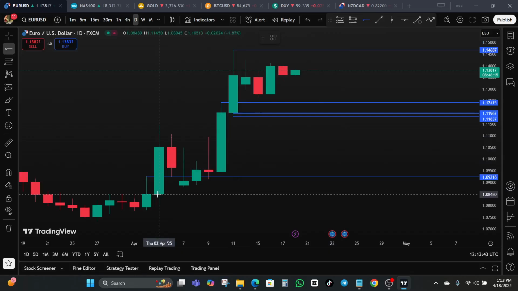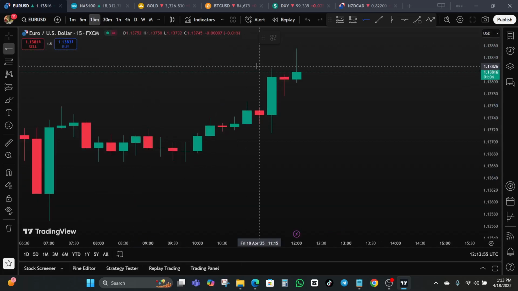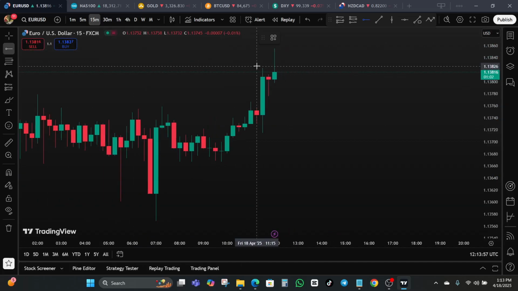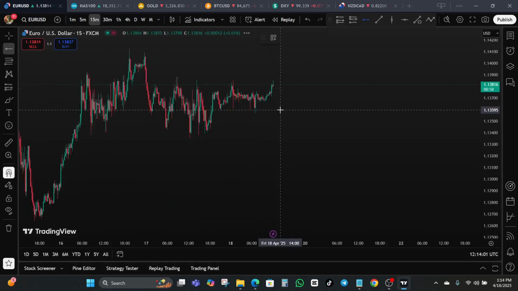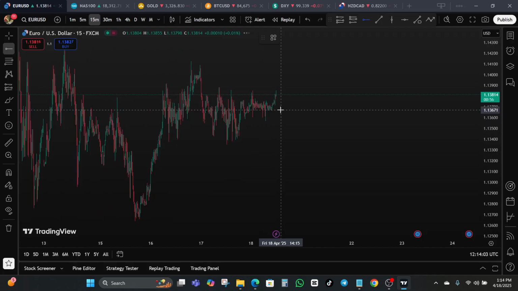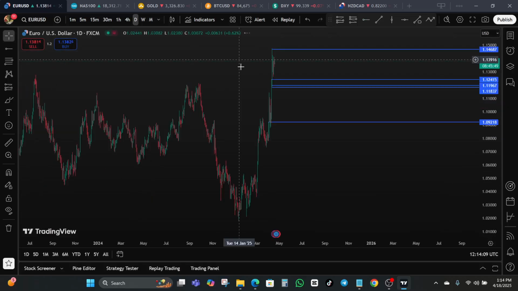You can mark your open, high, and low prices and go to lower time frames and look for opportunities within that trading day. Okay, let's go back to our daily time frame.